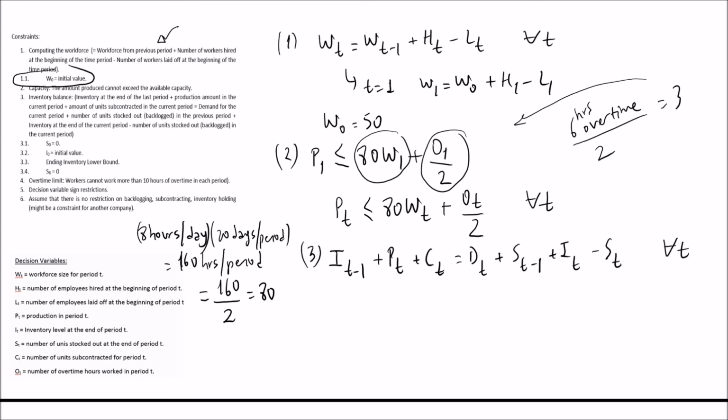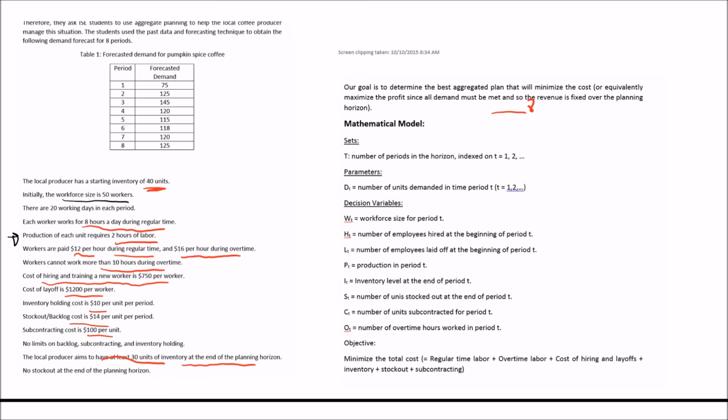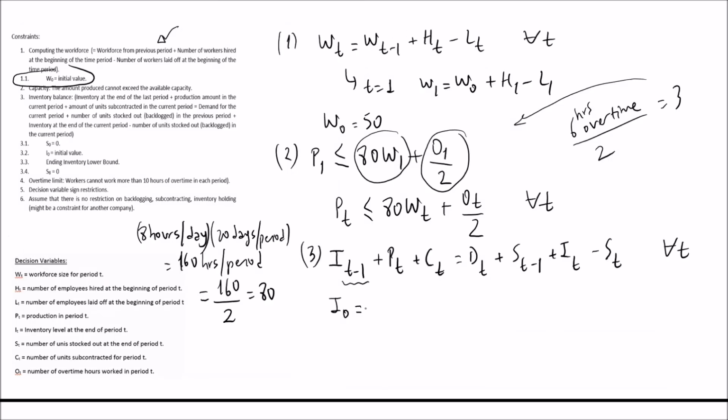And for t equals 1, this is going to be I0, right? So my I0 value is my initial inventory, which, I need to go back to my data, is 40 units. And my S here is going to be S0. My initial stock out value is 0.